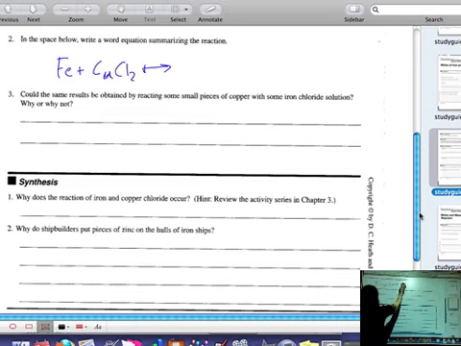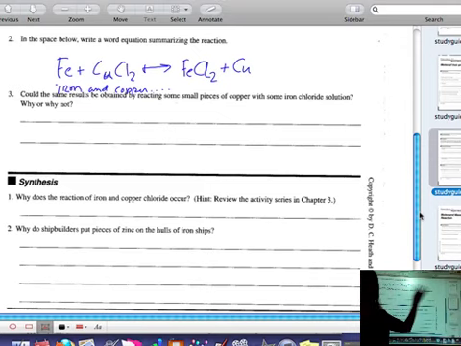So it's asking you to make a word equation which says I took iron and copper chloride. Okay, so it's asking you to write it out as a sentence, explaining, summarizing the reaction, what happened in it. So I took iron nails and put them in copper chloride, and this happened, and it was awesome. Okay, feel free to elaborate as such.